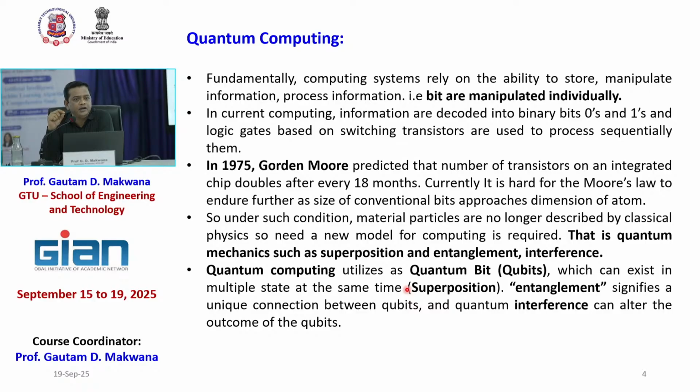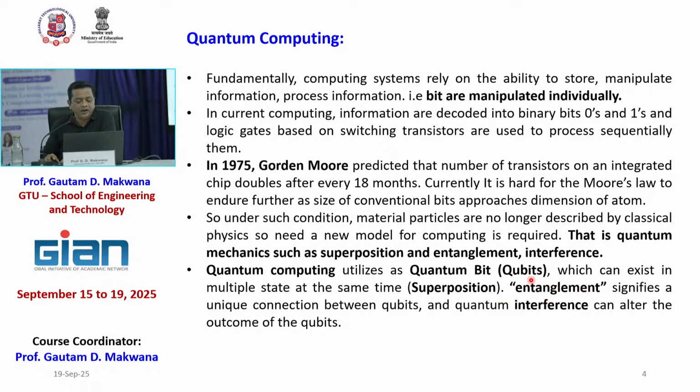But in the qubit, at the same time there are multiple states of 0 and 1, or a combination of 0 and 1. That bit is known as the quantum bit, the qubit, and this is because of the superposition principle of quantum mechanics.